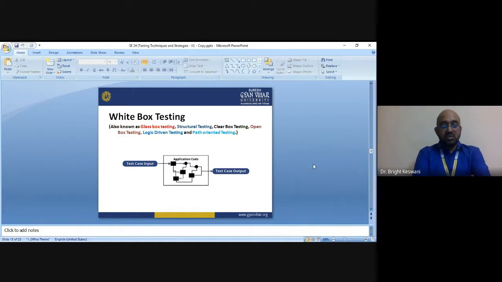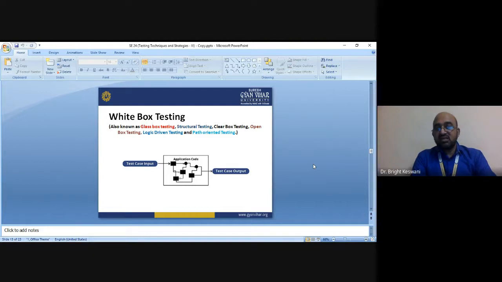So we can say that white box test design allows one to peek inside the box, and it focuses specifically on using internal knowledge of the software to guide the selection of test data, because test cases and test data are very important when we are doing the testing. Okay, so test cases are generated through knowledge of the internal functionality of the software system.